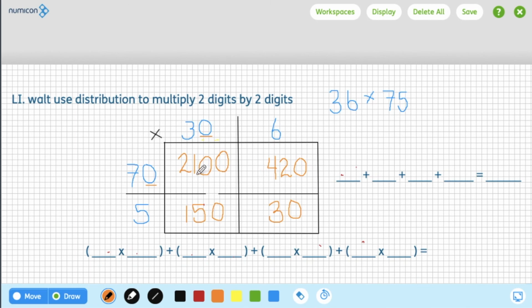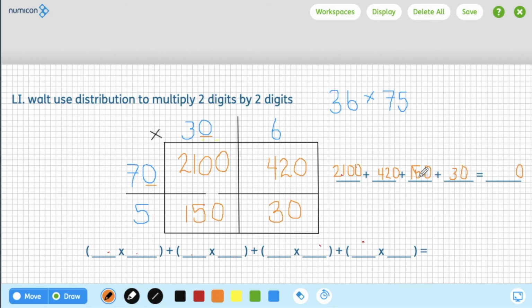Now we have to add them all together. So we've got 2,100 from our first section of our array, plus 420, plus 150, plus 30 would be our last one. All right, so I have no units. How many tens?